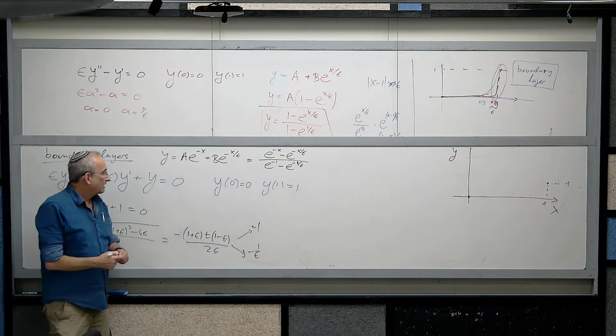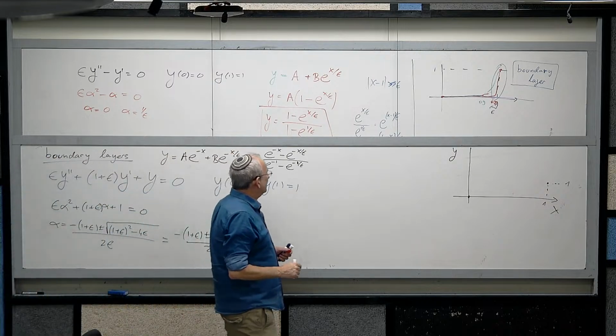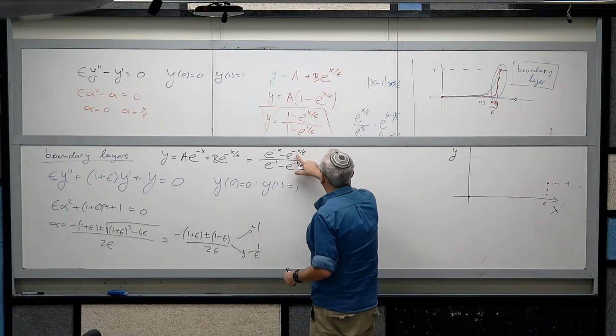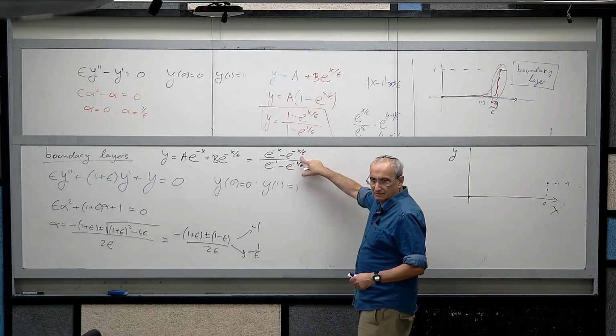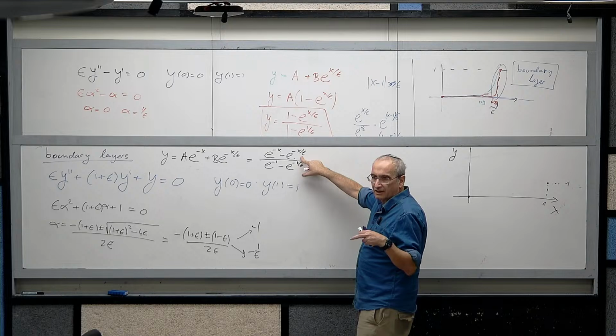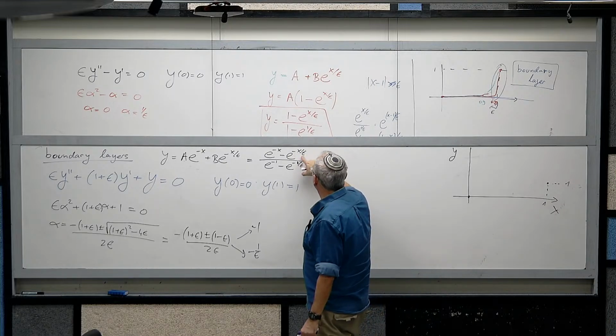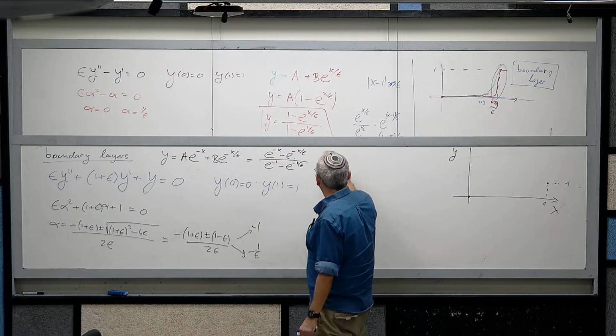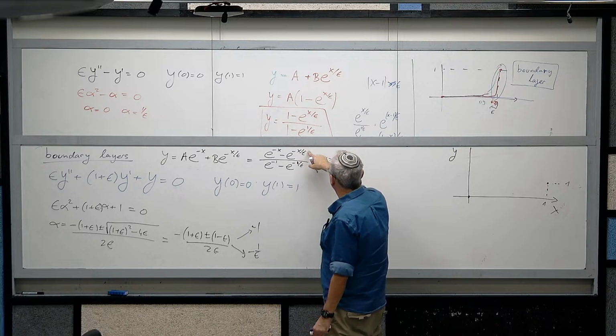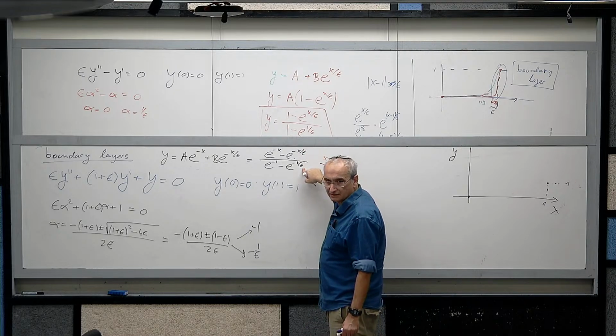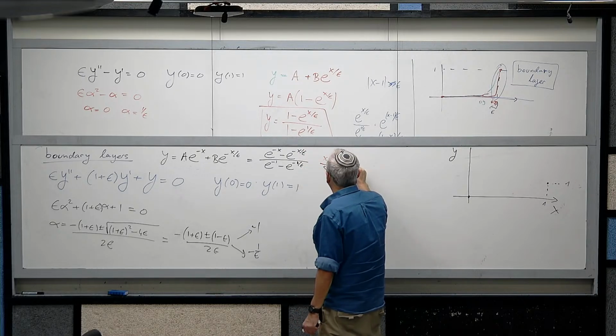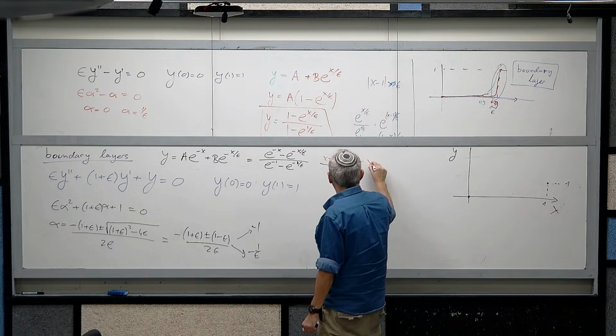Assume epsilon is small. As long as x is much larger than epsilon, I can neglect this one and that one. And what I will have is e to the 1 minus x.